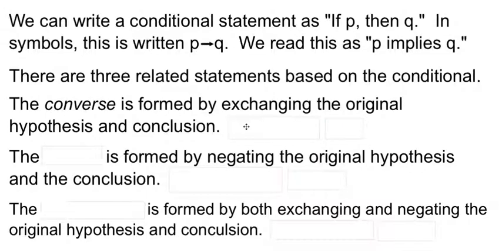So instead of saying if P then Q, we would turn it around and say if Q then P. In the last statement that we had, the converse would be if its measure is 35, then angle A is acute. Okay, we would switch their places. Symbolically, that would be Q implies P. So the converse, we just flip-flop their places.